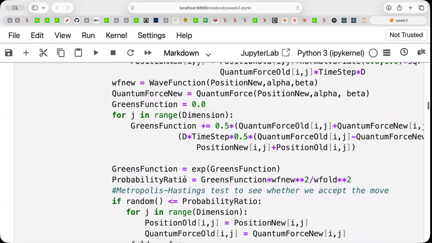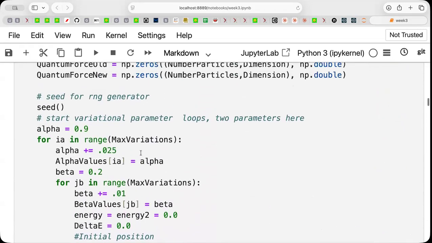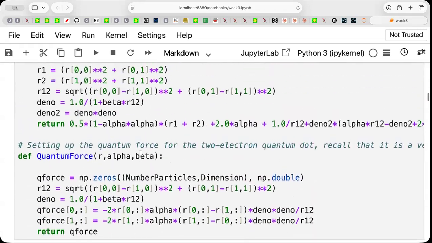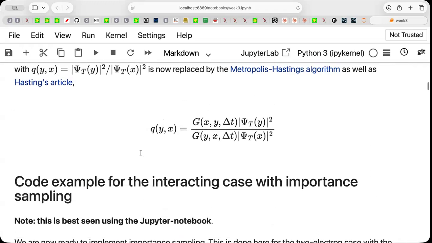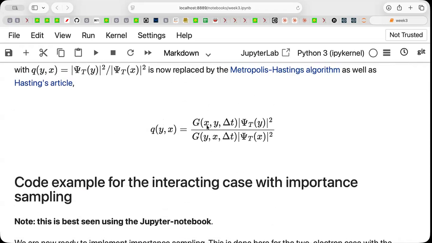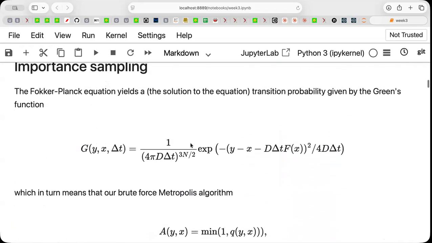Now, the thing which is very useful to do now, because we are going to calculate ratios. When we calculate ratios, if we look back a little bit to the Metropolis test, it's not convenient to calculate this function, because this function here is actually an exponential.